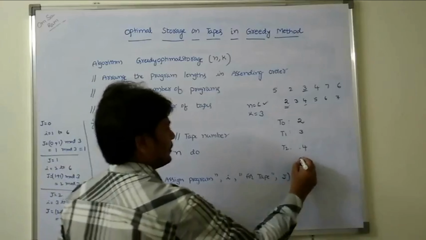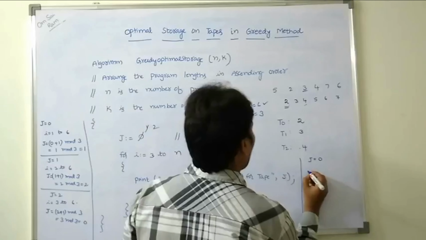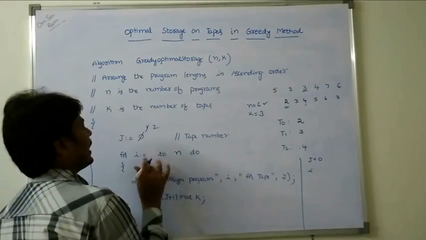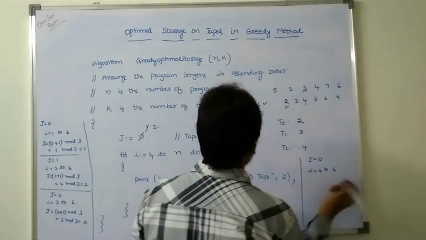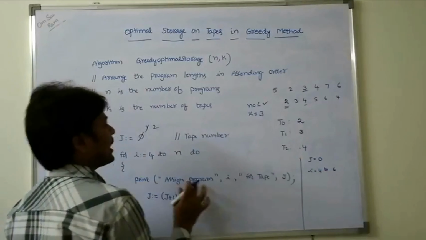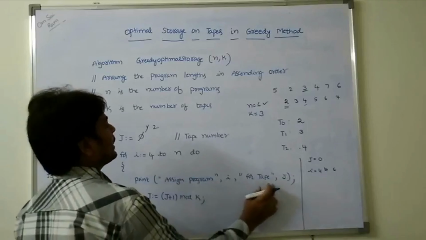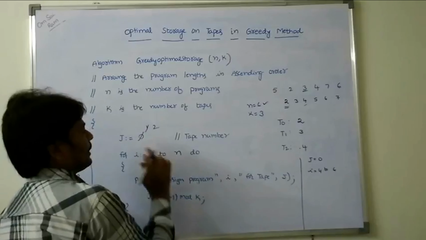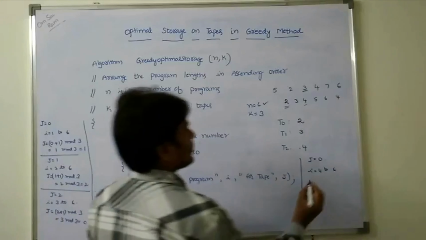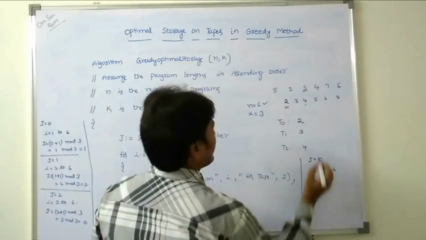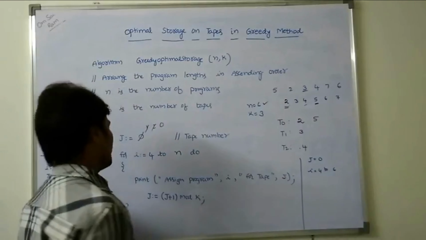Next, fourth step, j is equal to 0. Next, i value is incremented, that is 4, so i is equal to 4 to 6. Next, print assign program i, value is 4, assign program 4 for tape 0. Fourth program can be assigned to tape 0.